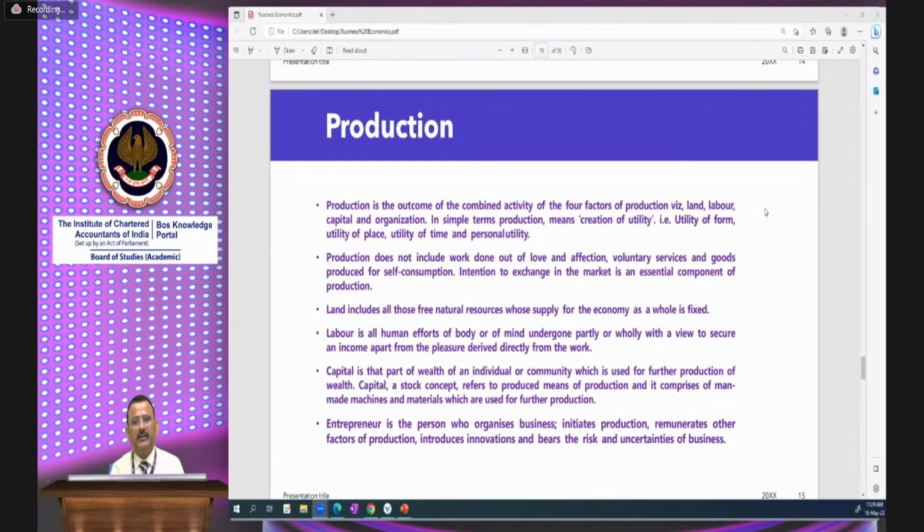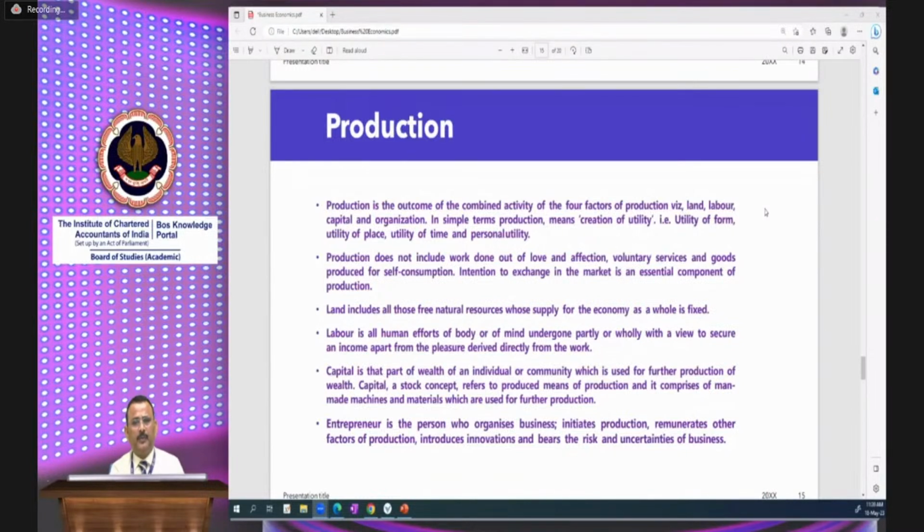Try to remember these, because in the examination, questions are asked about the characteristics of a particular factor of production. It is very simple also. Just cursory reading or just understanding will give you the confidence that you will be able to distinguish between what comes in land, what comes in labor, capital, or entrepreneurship. So different characteristics can be easily distinguished.